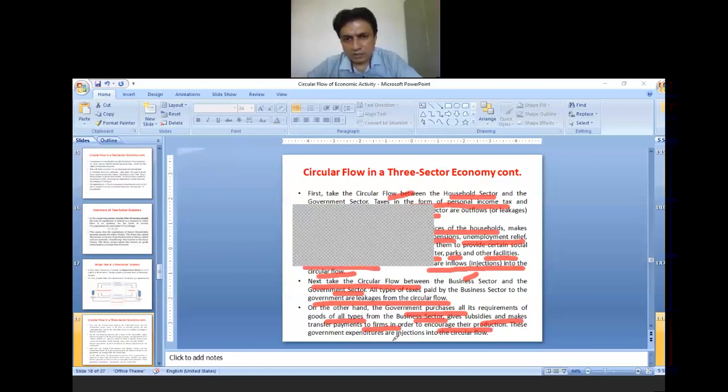So these government expenditures are injections into the circular flow. Basically, the business sector also gives the government taxes, but on the other hand, the government provides subsidies and other facilities to businesses in order to manufacture their products and sell in the country. So this is the three sector economic model.